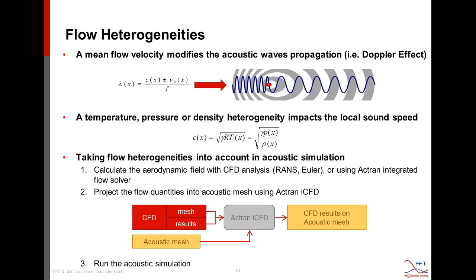For the exhaust flow, Actran doesn't have the capability to calculate that rotational flow, so we will need a CFD solver. Then the flow calculated by the CFD will be projected on the acoustic mesh in Actran through the ICFD utility, which is an embedded utility in Actran.